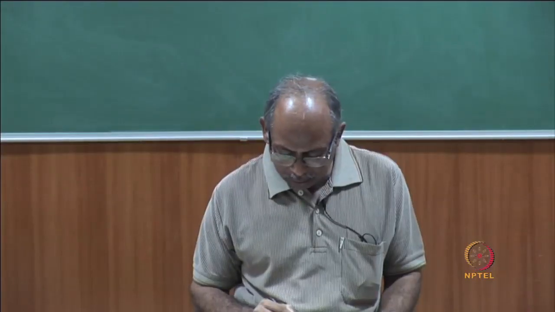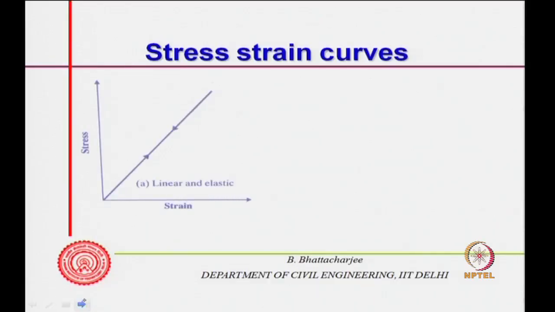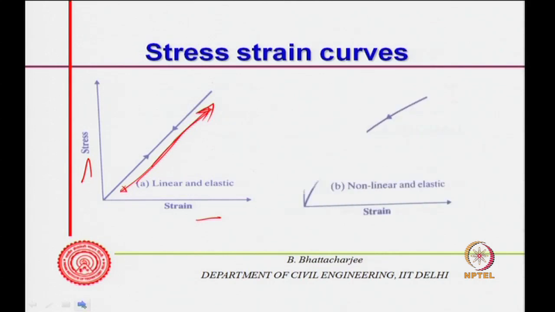First, a simple linear and elastic material follows this stress strain curve during loading, and when you unload it, it comes back to the original with no residual strain remaining. This is non-linear and elastic. An elastic material will come back to its original state when load is withdrawn, but this is not linear, it is non-linear.